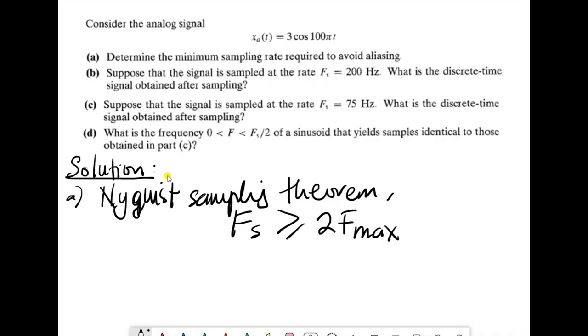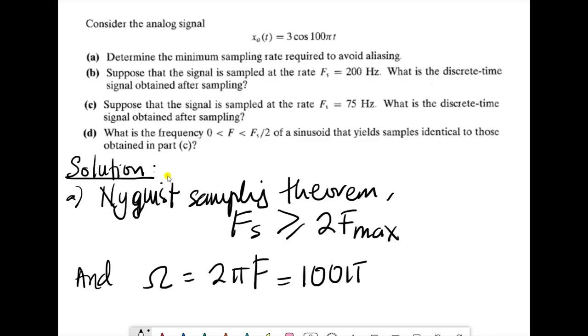Fmax here is the frequency of the signal. So we need to find the frequency of the signal. We know that capital omega equals 2 pi f equals 100 pi.